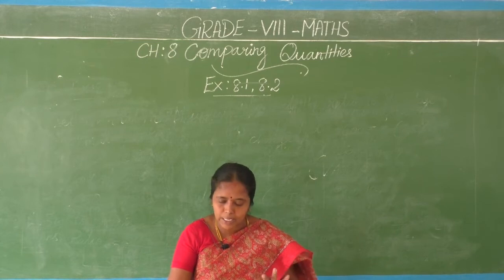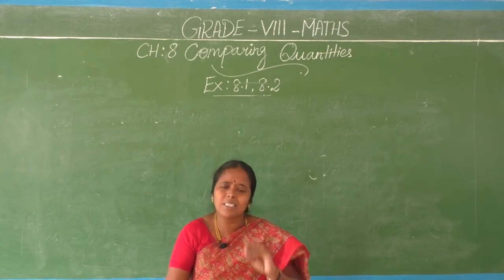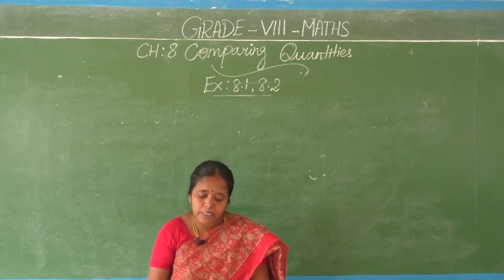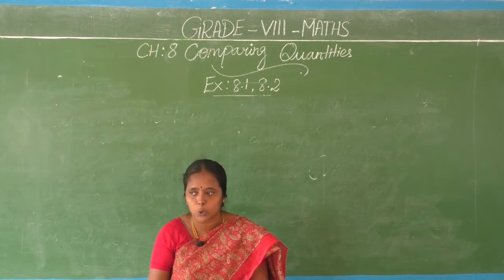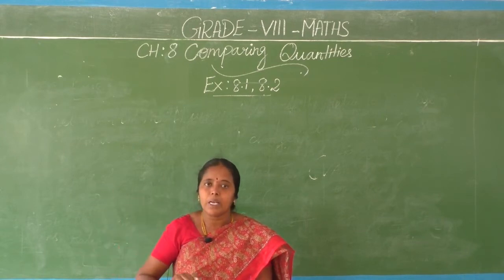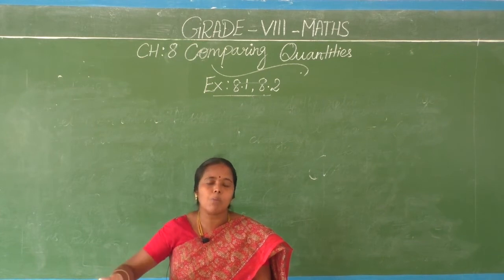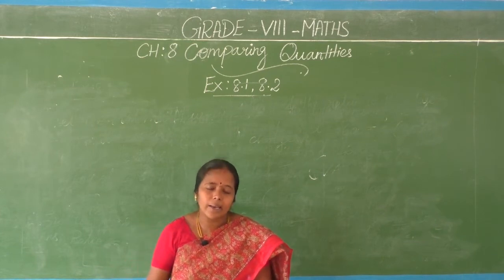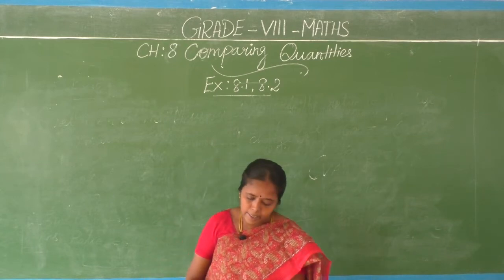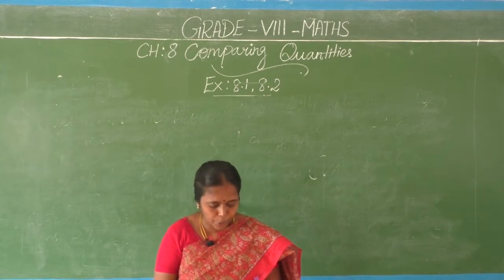That is missing, and that is what we have to find out. The clue given is a 10% increase in his salary, and the new amount is 1,54,000. So what is the original salary? This is the question.